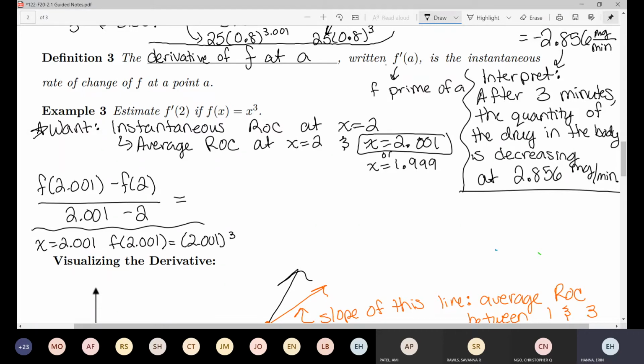If you round too early, it'll really mess up a ton of things. So this is, I'm going to say 8.012, you know what, 006 even. I'm going to take a bunch. And then I'm going to subtract f of 2, which would be 2 cubed, which would be 8. 2.001 minus 2 would be 0.001.